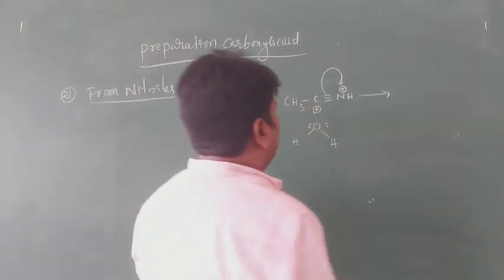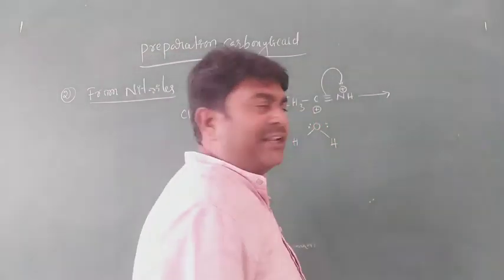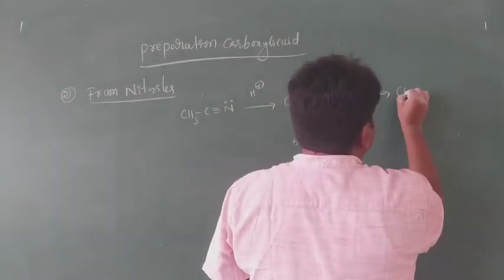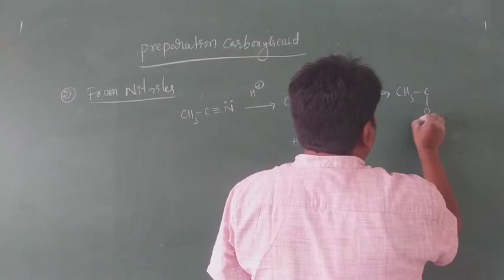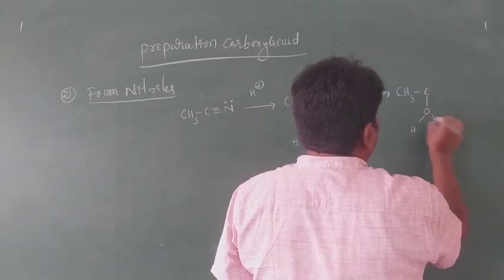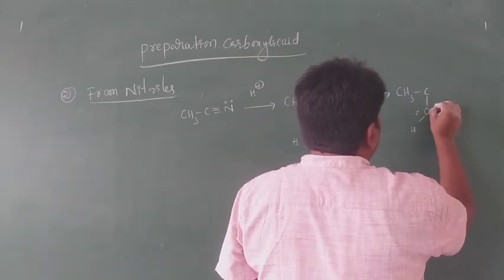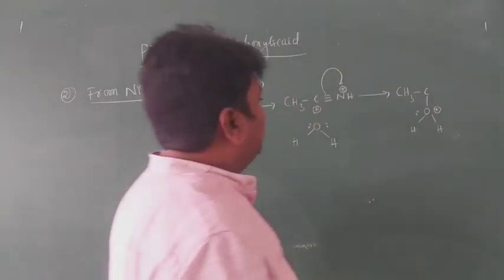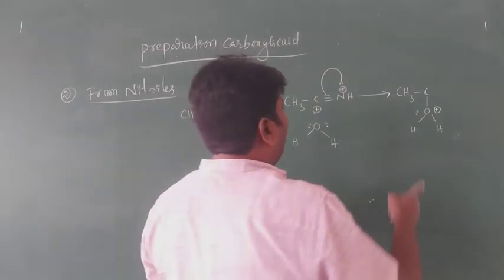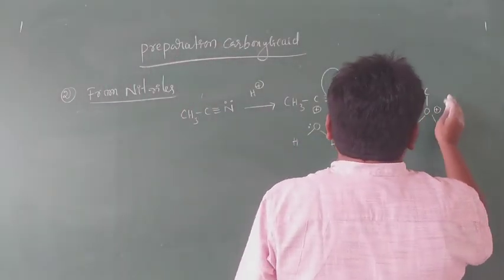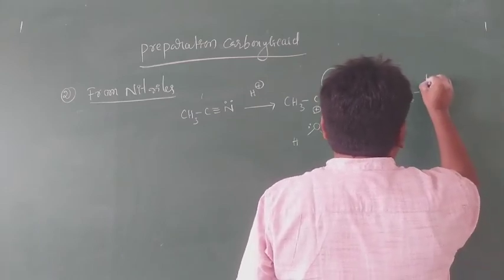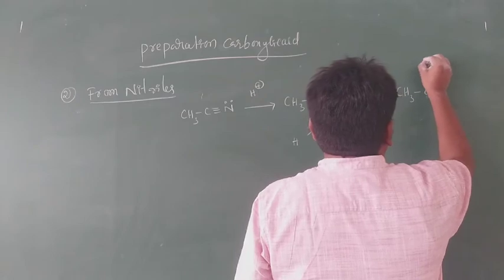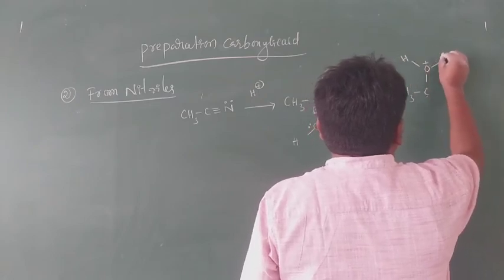You will get CH3 C, oxygen, hydrogen and hydrogen, one lone pair and a plus. It is very important, my dear students. I'll write the structure on top only. This is simply how to understand. This one is oxygen plus, hydrogen and hydrogen.